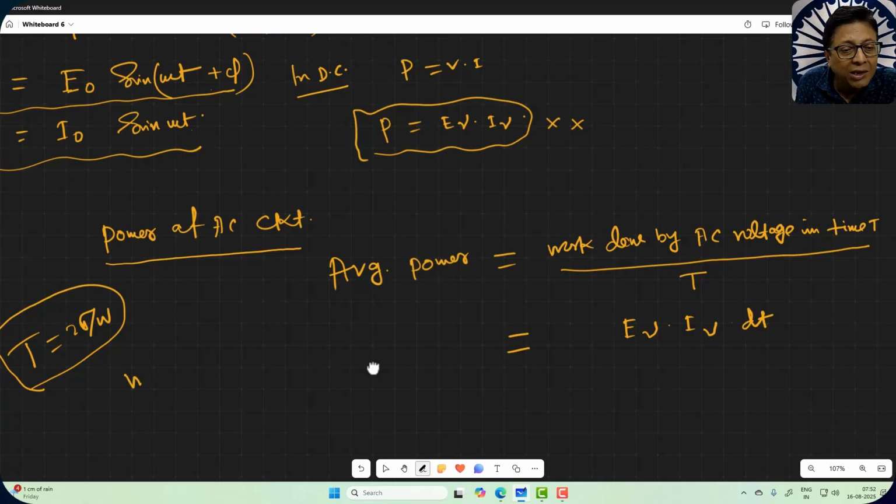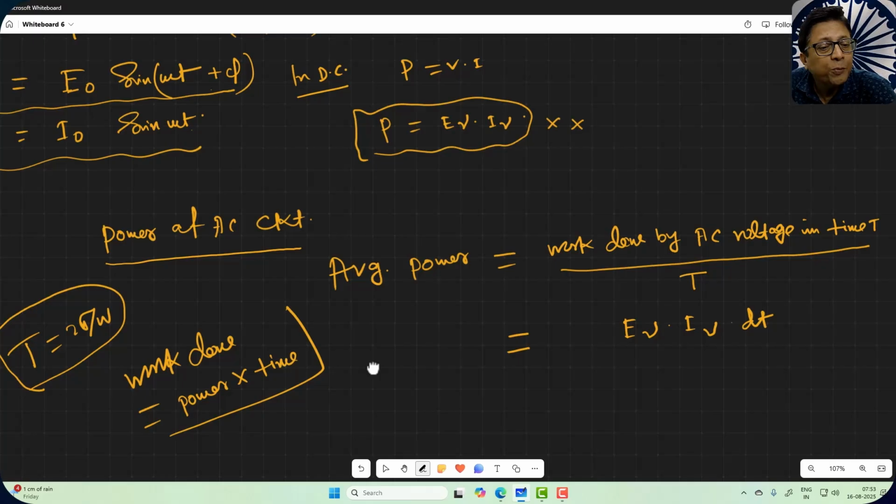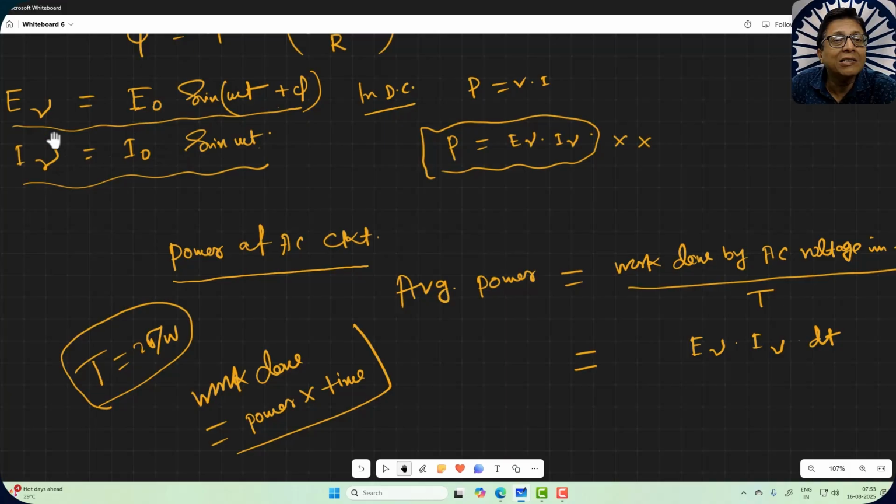Because work done is equal to power into time. That power is e i, and we are taking a small time interval where these two instantaneous values are not going to change.